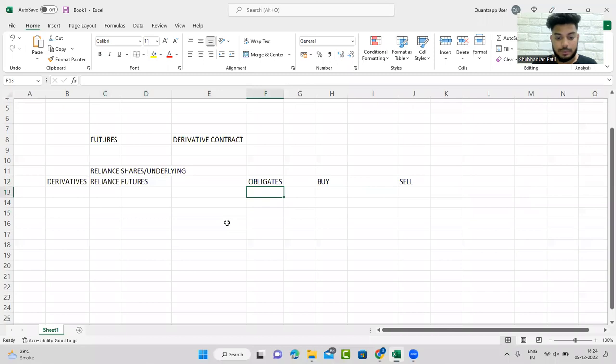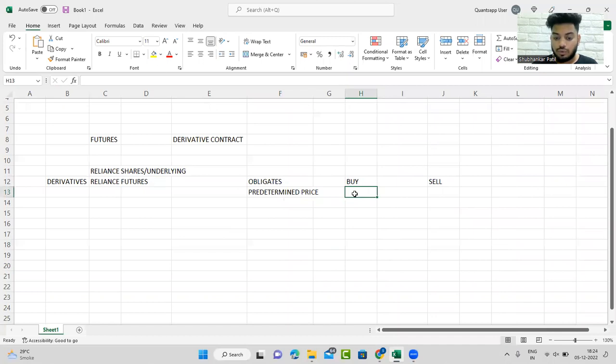First thing is the predetermined price, which is that at whatever price you go ahead and buy or sell the futures contract, at that price itself you are going to buy or sell the shares depending on the contract. Let's say you have bought this contract, you will buy the shares at 2,700. If you have sold the contract, you will sell the shares at 2,700.